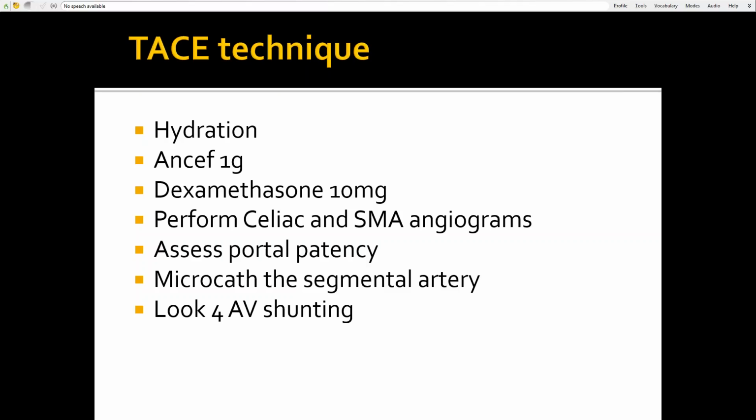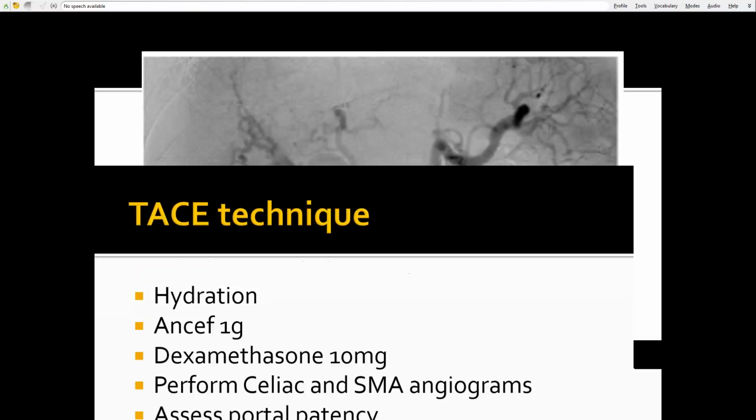Do they have a replaced right hepatic? Then you have to carry it out to the portal venous phase and make sure it's patent. Then you can do your celiac runs, evaluate the hepatic anatomy, and figure out where a good place to treat is. Use your microcatheters as you need. And again, always keep in mind to look for AV shunting, because sometimes it can be subtle.